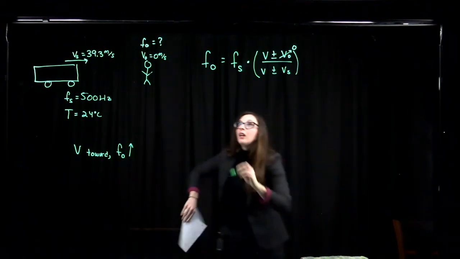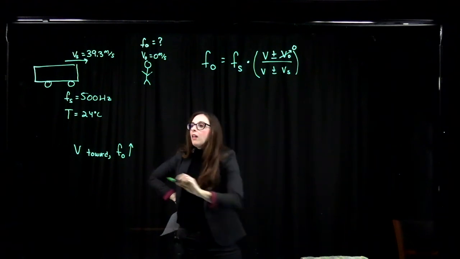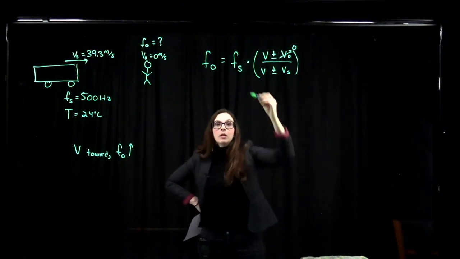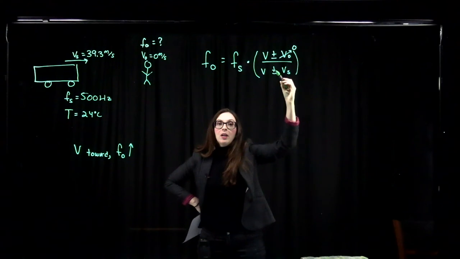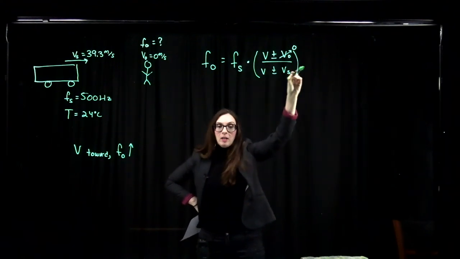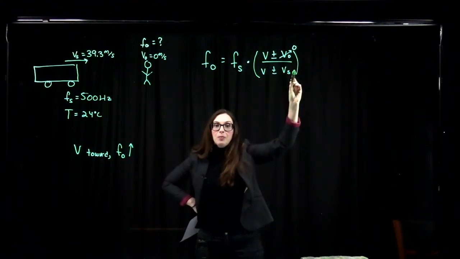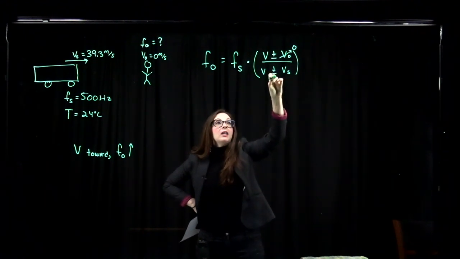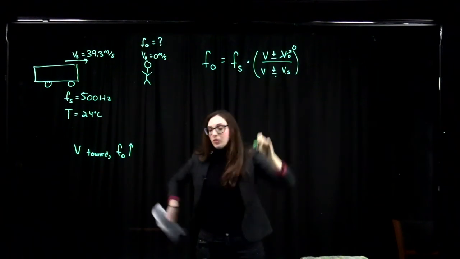So let's look over here. If the frequency heard by the observer has to go up, in order for that to work, this quantity down here on the bottom has to be reduced. It has to be smaller. And so we are going to use the negative sign here. So we're going to say V minus V source.